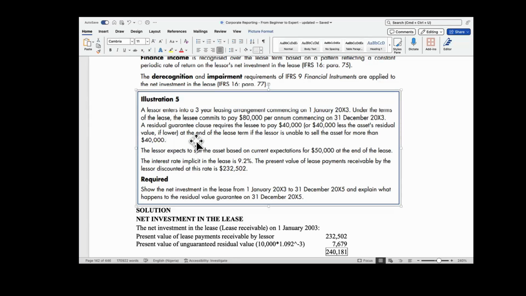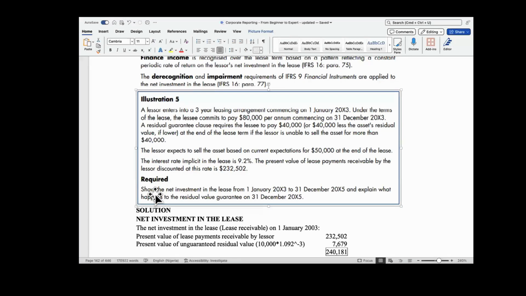The lessor expects to sell, based on current expectations, for 50,000 at the end of the lease. The interest rate implicit in the lease is 9.2%. The present value of lease payments receivable by the lessor discounted at this rate is 232,502.